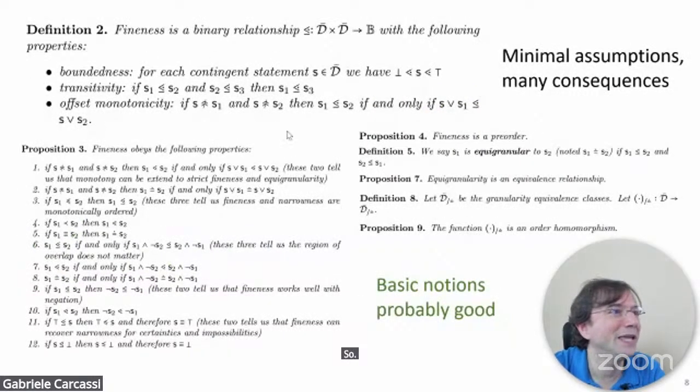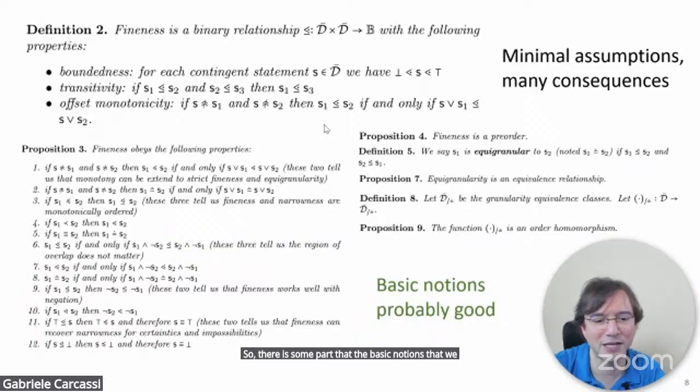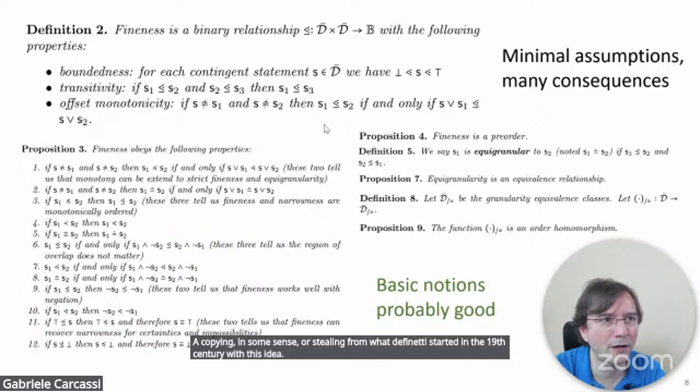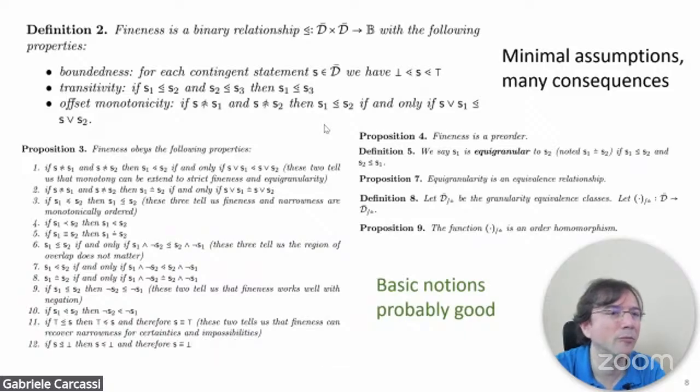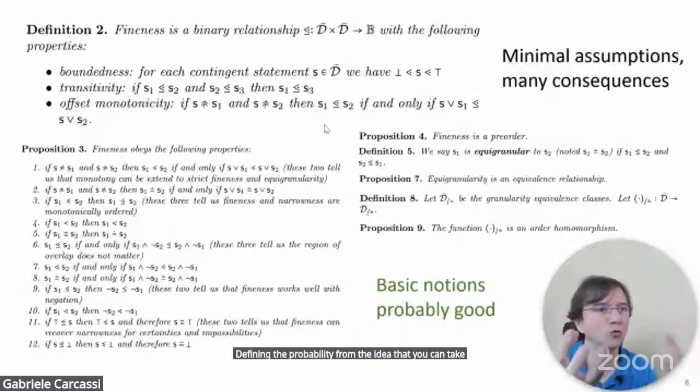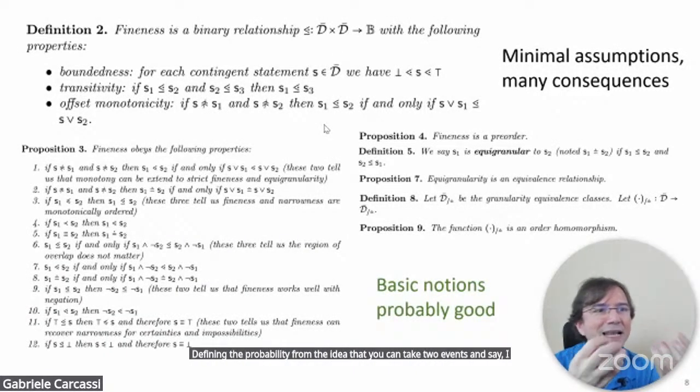So the basic notions that we did were essentially copying, or stealing, from what De Finetti started in the 19th century with this idea of defining probability from the idea that you can take 2 events and say, I find this less likely than that.